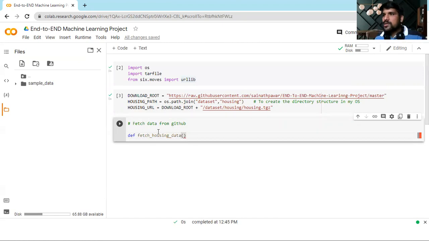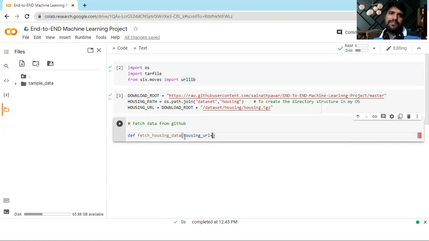Okay, don't worry. So this is my function, and in the function I have to give the URL. I'll mention a variable called housing URL. You can mention the default value as well. This is the specialty in Python.